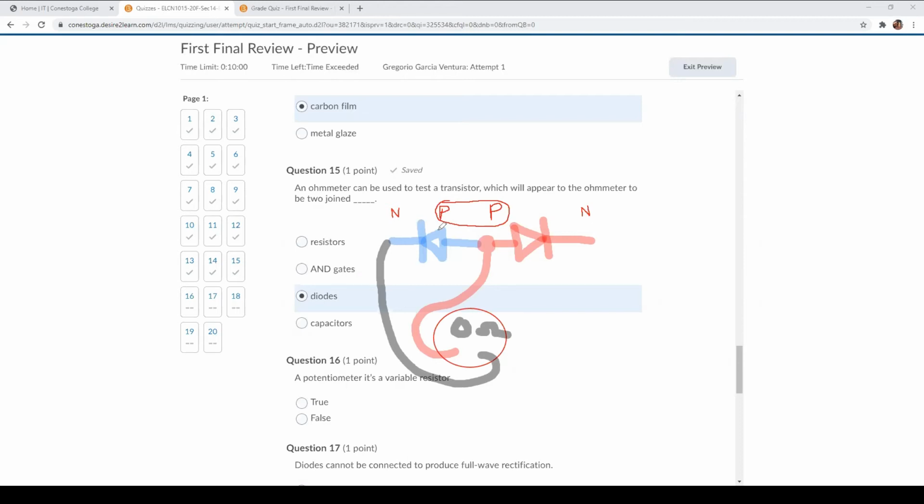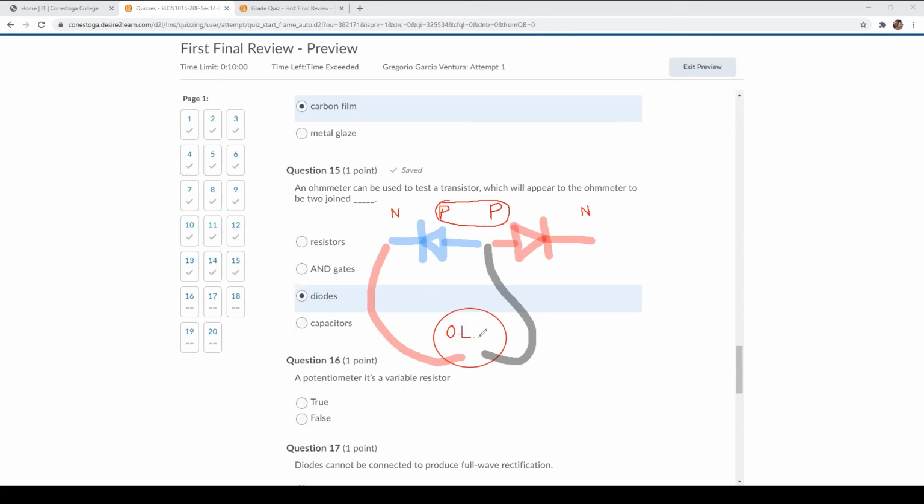And on the flip side, when you reverse the connection and you connect the negative to the positive and the positive to the negative, now the ohm meter should indicate OL. Okay, why is it that it should indicate OL? It means over the limit.